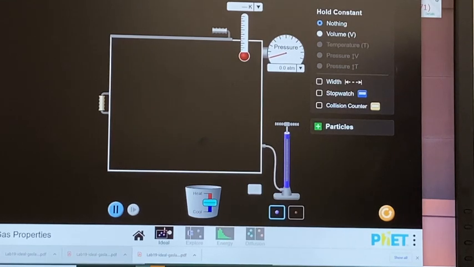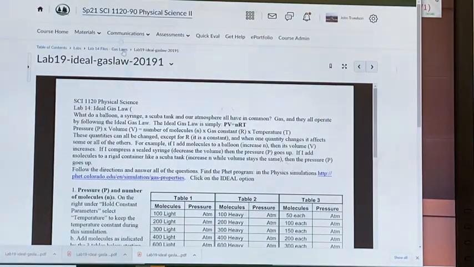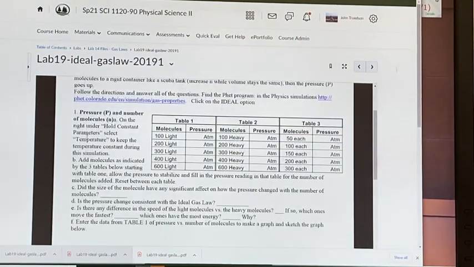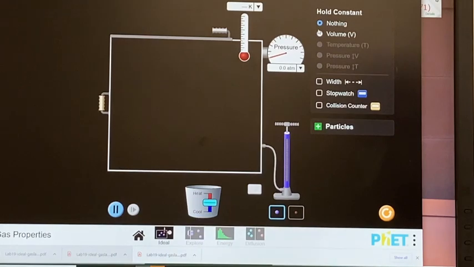The first part is pressure and number of molecules, so we're going to be using this part first. On the right, hold constant, select temperature to keep the temperature constant.